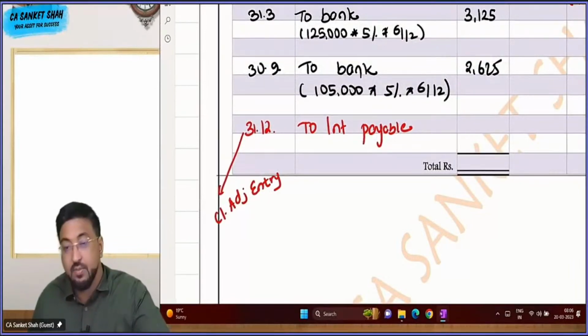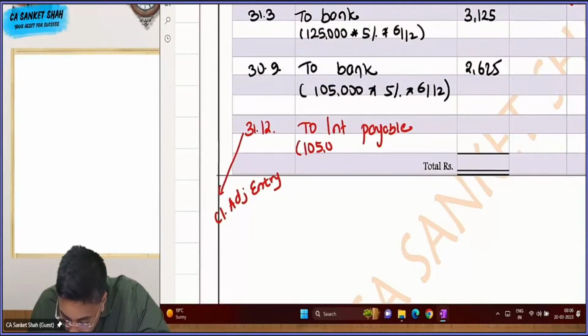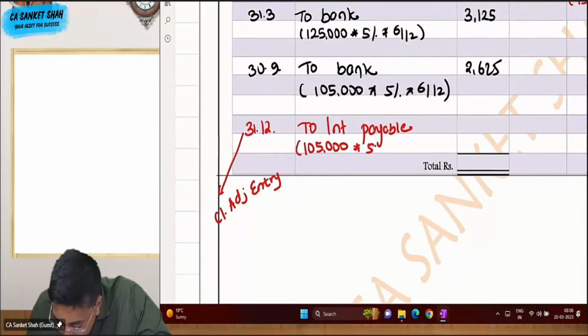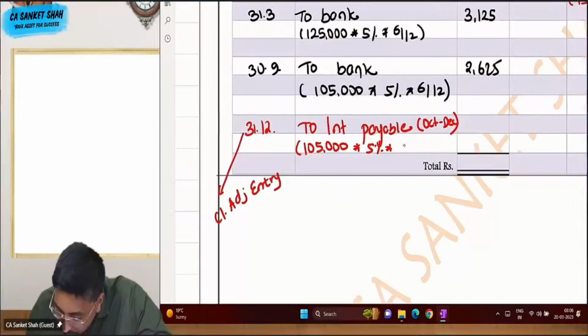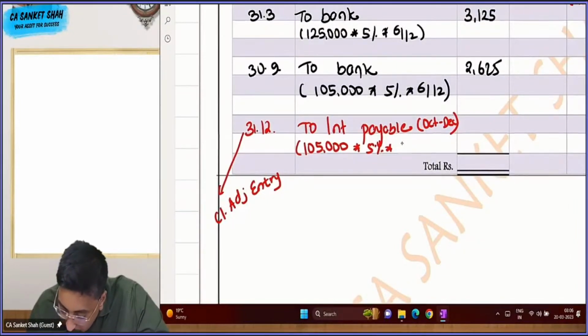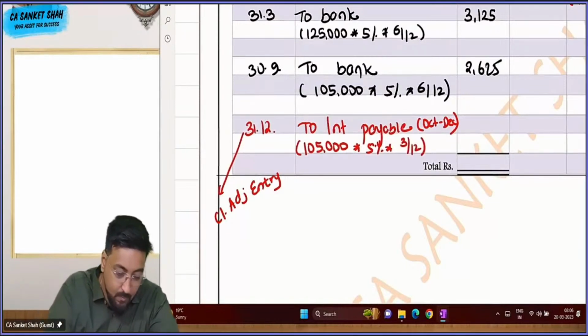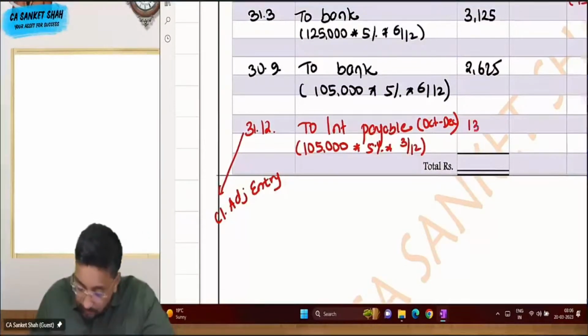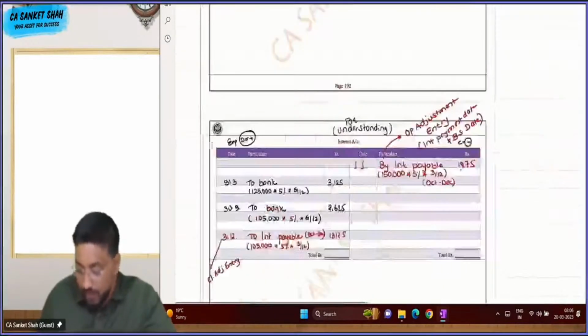Closing adjustment entry. How many months beta? 3 months. From October to December. 3 by 12. 1312.5. Or you can write 1313.